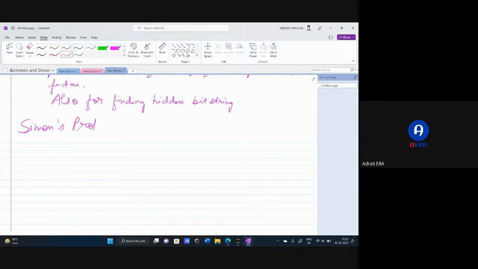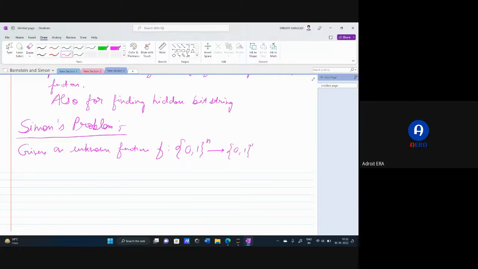Simon's problem: given an unknown function f, again we are defining f, it goes from 0 to 1 to the n and gives an output 0 to 1 to the n.